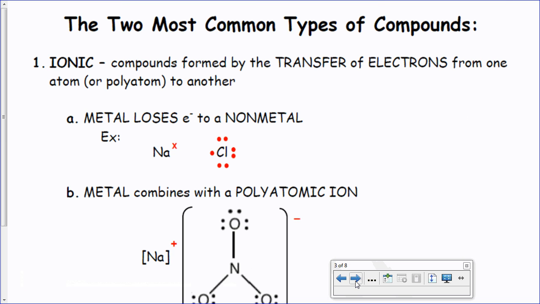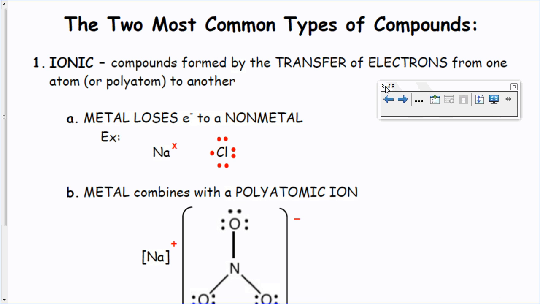Okay. So let's look at the two most common types of compounds. First, ionic. There are four different combinations of natures of elements and ions in order to make ionic bonds. So you've got to know these four different combinations. The first scenario is the simplest, when a metal loses an electron to a nonmetal.